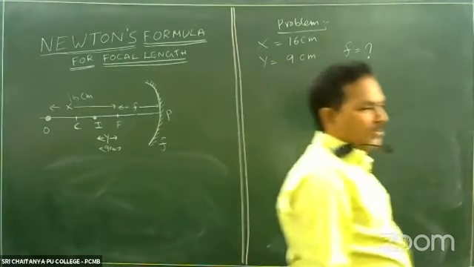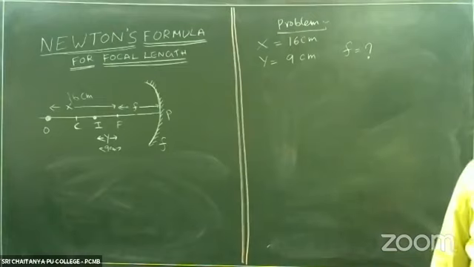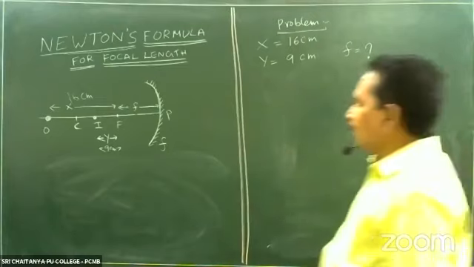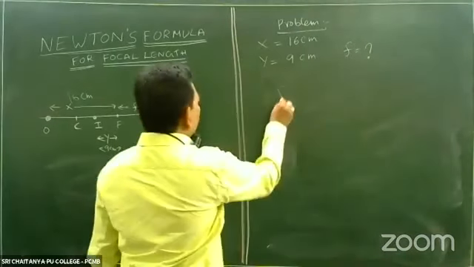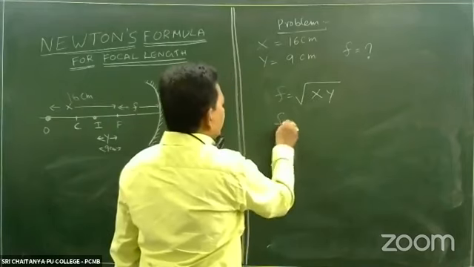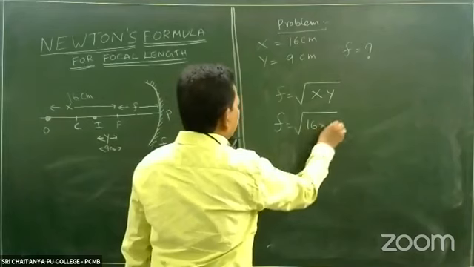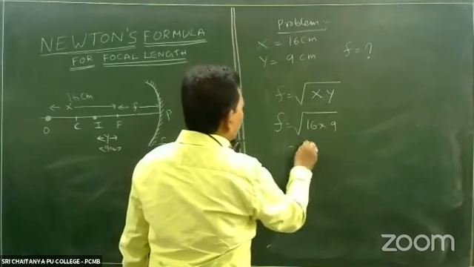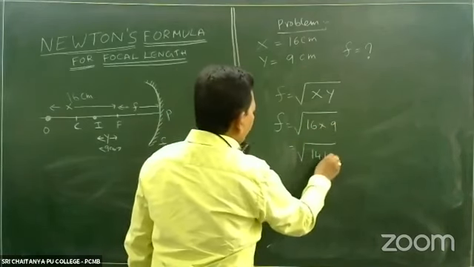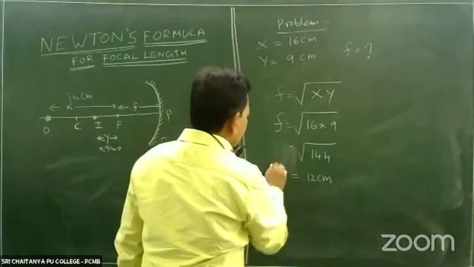Here the distances are given from the principal focus. Therefore, f is equal to root xy. f is equal to root of 16 into 9, root 144, which is equal to 12 centimeters.